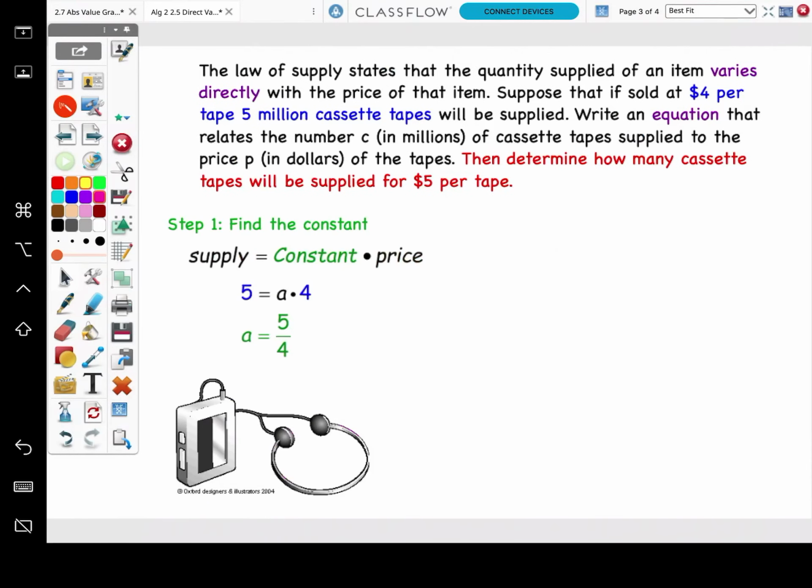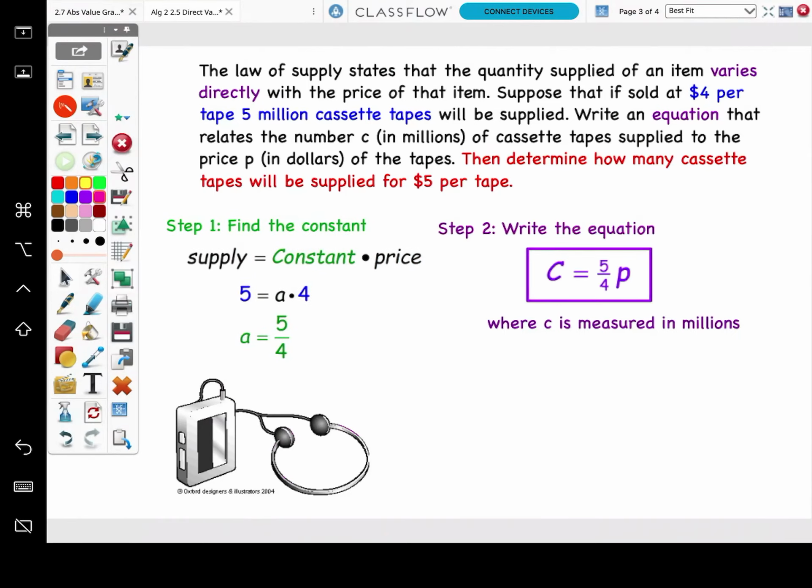Okay, so we know we're going to use a direct variation equation because it told us that it varies directly, which is your key there. So we're going to find that constant. Supply is the constant times the price. We get a equals 5/4. So our constant of variation is 5/4.